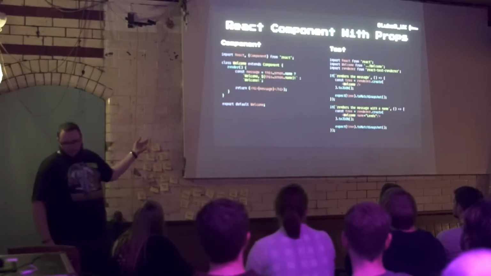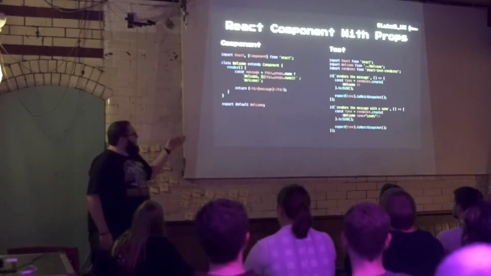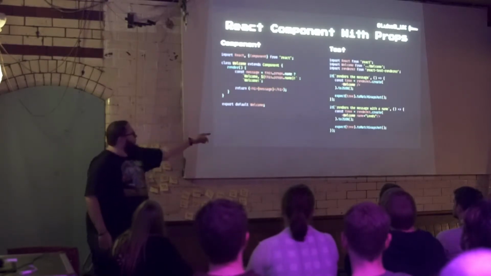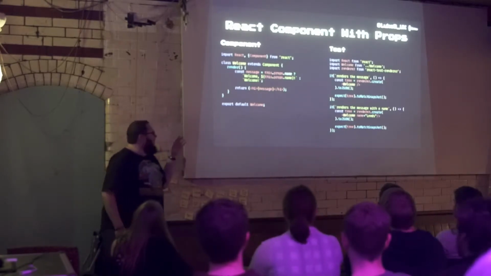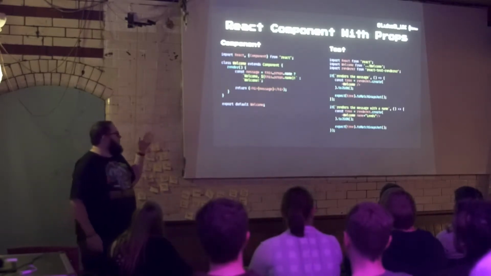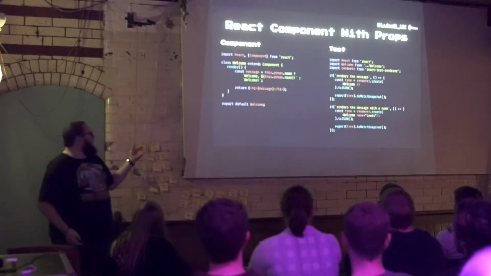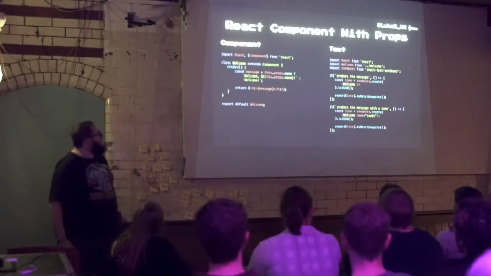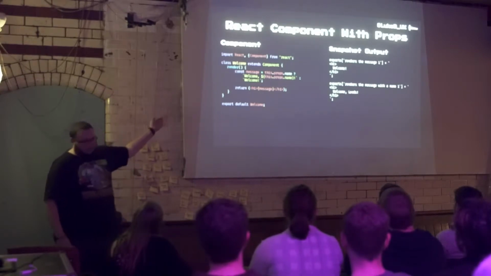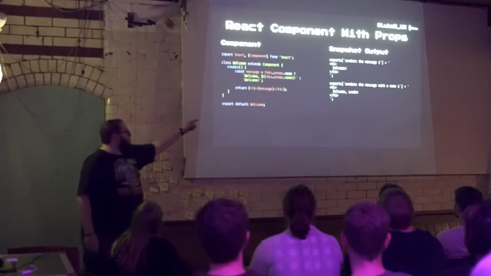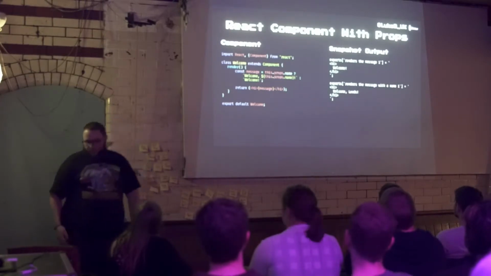But we also want to make sure we can invoke it with a name as well as without a name. So if we pass in name equals Leeds, it'll put that in the message. So we've got our two snapshots there: one just saying welcome, as in the first test, and one that says welcome Leeds.